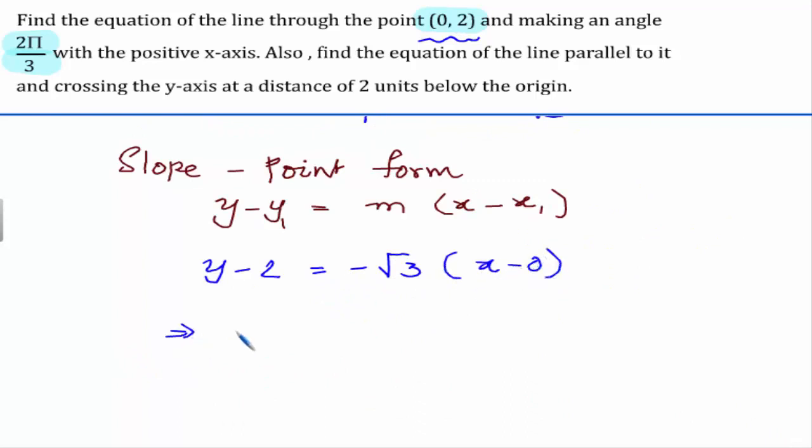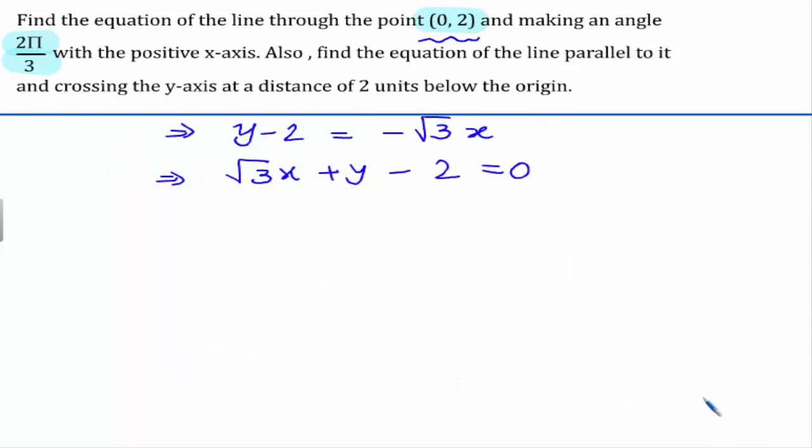So this will give us y minus 2 is equal to minus root 3 x, which is root 3 x plus y minus 2 is equal to 0. So this will end the first part of the question.